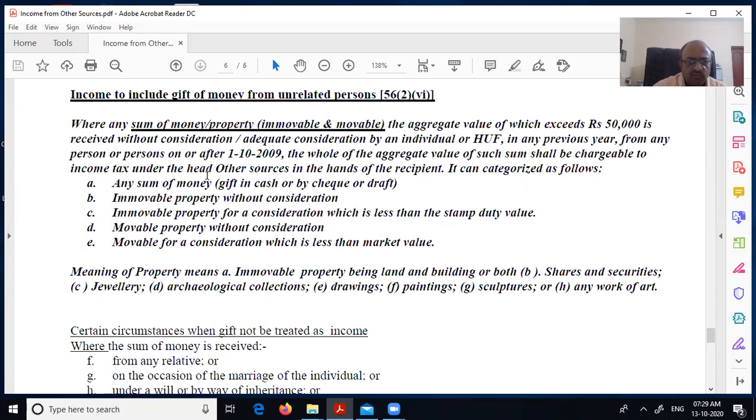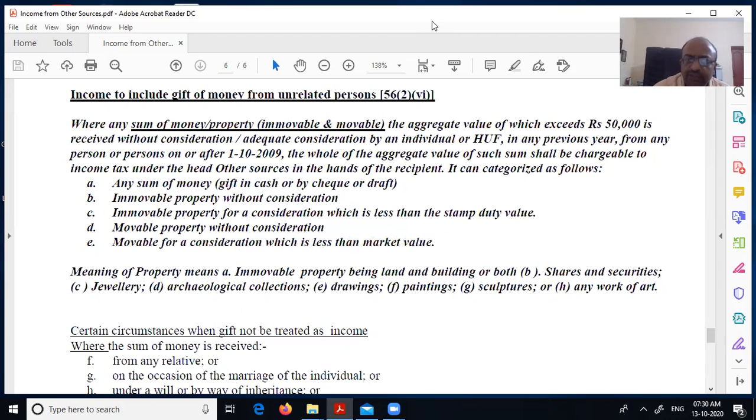So these are the things that can be categorized as follows: any sum of money, gift in cash or by cheque or draft, immovable property without consideration, immovable property for a consideration less than stamp duty value, movable property without consideration, movable property for a consideration which is less than market value.